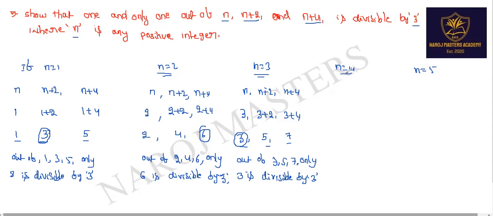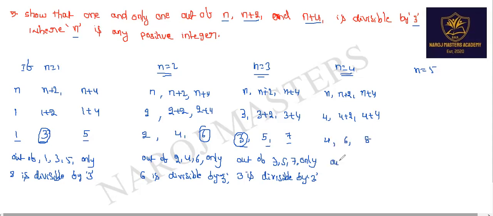Now if n is equal to 4, again check it: 4, 4 + 2 = 6, 4 + 4 = 8.